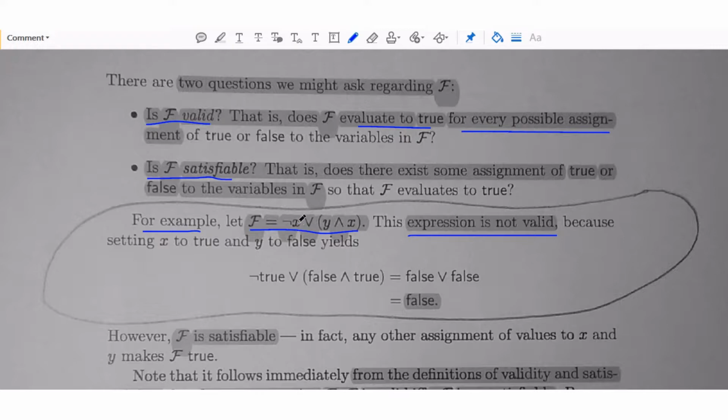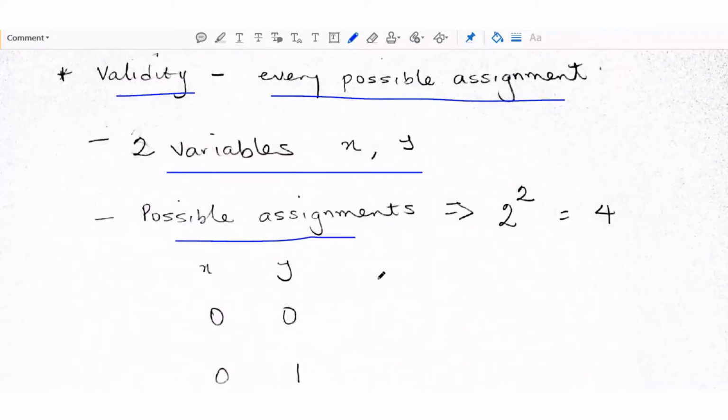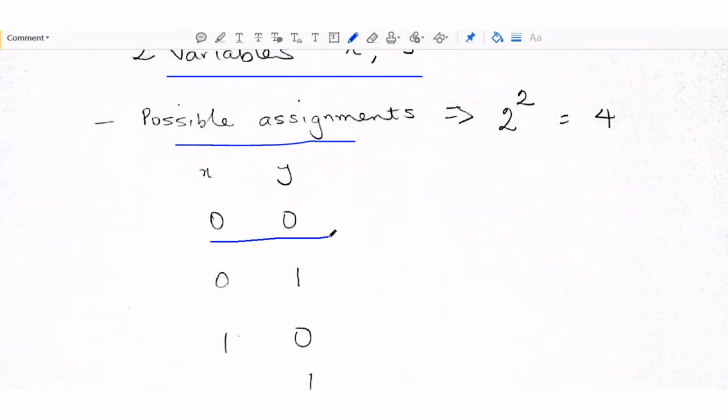Not 0 gives us 1, and 0 and 0 gives us 0. So 0 or 1 gives us 1, where 1 means true and 0 means false. So this gives us a 1.